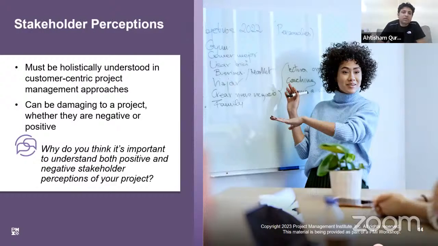They have doubts, they may think that you're going to deliver the project late, or they may trust that yes, you will deliver the project on time. So all these perceptions are not just mere perceptions, but these can really make or break. These perceptions need to be managed well. What do you think?